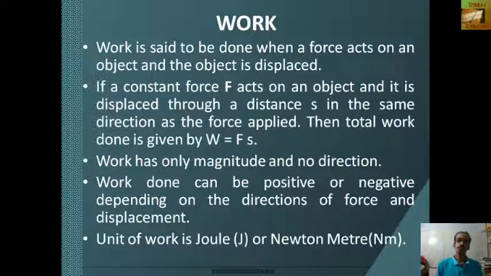The unit of work is joule or Newton meter. 1 joule is the work done by a force of 1 Newton to move an object by a distance of 1 meter.